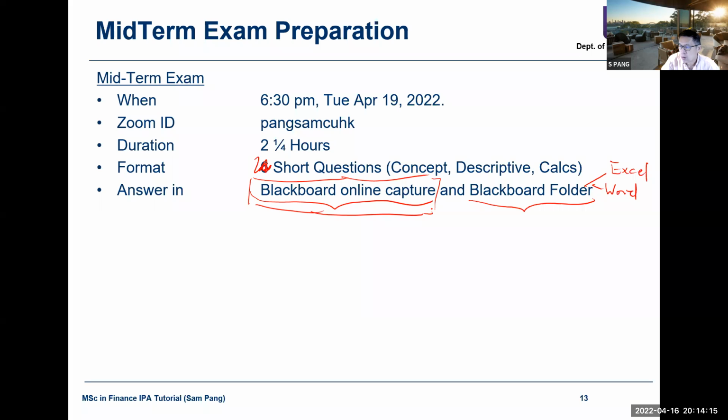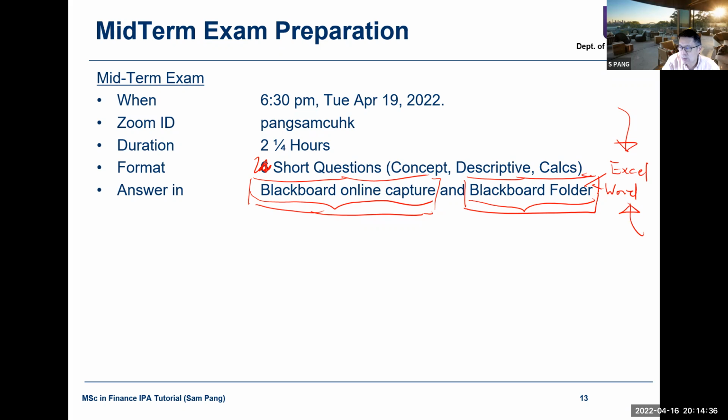And there is one question where you have to download stuff and then analyze it a little bit and possibly hand in your Excel and your Word or PDF if you want. Okay, PDF document. And we will set up another Blackboard folder.